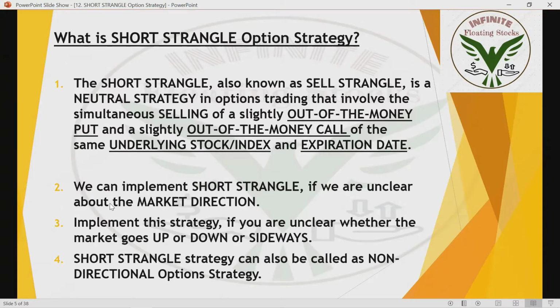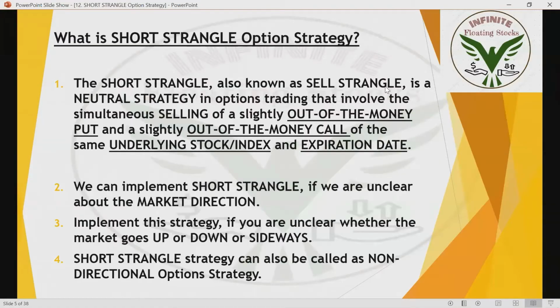Now see, we can implement short triangle if we are unclear about the market direction. That's what I told, right? It is a neutral strategy, or non-directional option strategy, because irrespective of market movement, you will get the profits. Even if the market goes upward, even if the market goes downward, even if the market moves sideways, irrespective of market direction, you will be in profits.